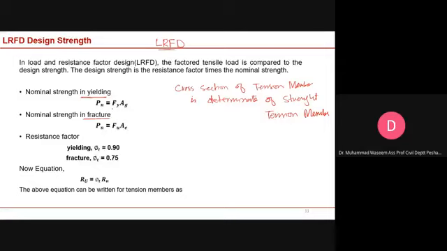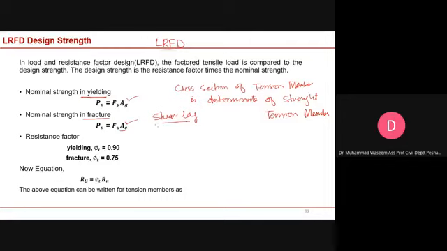In evaluating the capacity of the tension member against excessive deformation, we will use gross area. In evaluating the fracture capacity of the tension member, we are going to use net area, not effective area. We can use effective area if shear lag is there.